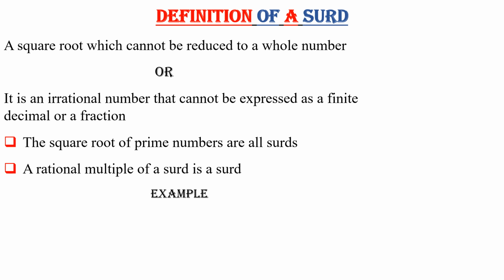A surd is a square root which cannot be reduced to a whole number. So basically, surds are talking about numbers that find themselves under the square root symbol or the radical sign.